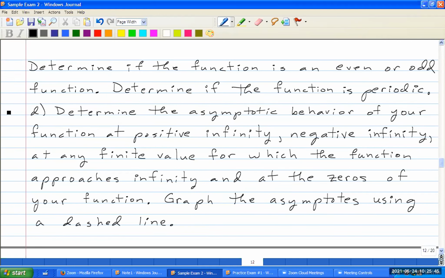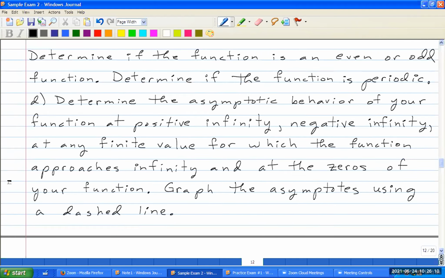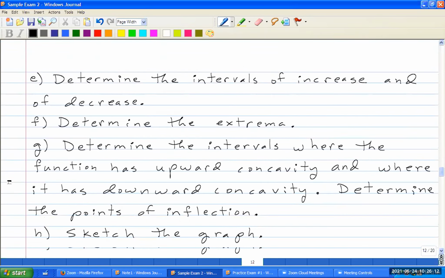D. Determine the asymptotic behavior of your function at positive infinity, negative infinity, and at any finite value for which the function approaches infinity, and at the zeros of your function, graph the asymptotes using a dashed line. E, there's a lot of parts.